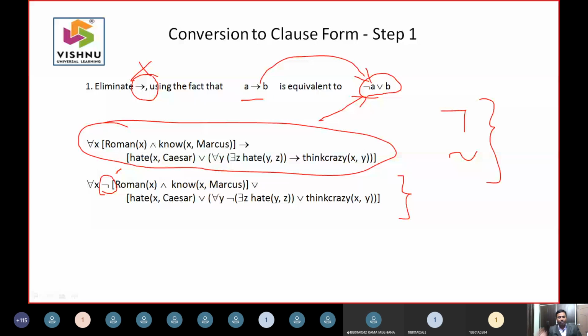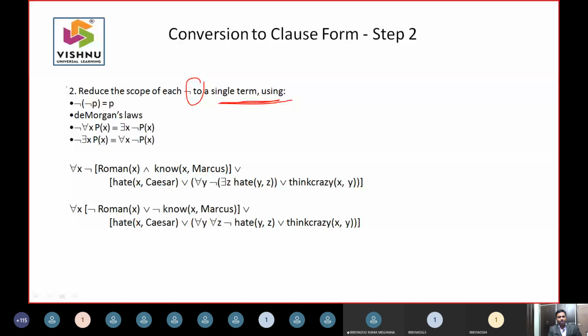I have taken the nomenclature from the textbook so that you will understand better. When you apply a not, what will happen? The same example that we quoted in the last slide, if you apply this, you will get this part. This is implicit, and most people will understand this part.